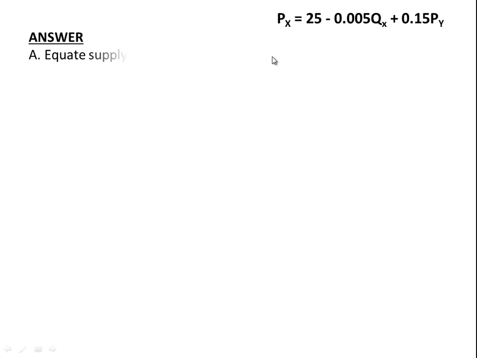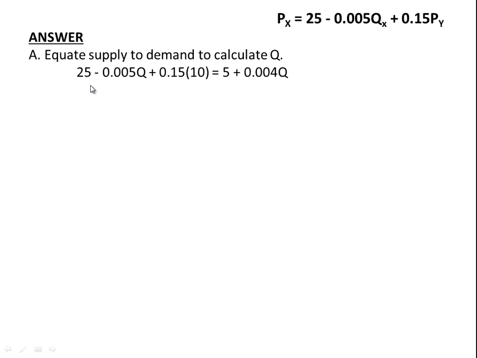So we were first of all asked to equate supply to demand, because we're asked to calculate the equilibrium price and quantity, and we know that there's our demand curve, 25 minus 0.005 Q plus 0.15, and we were told that the price of Y was 10, and that's equal to the supply 5 plus 0.004 Q. Okay, I've dropped the X's here, but I'm sure you get what's going on.